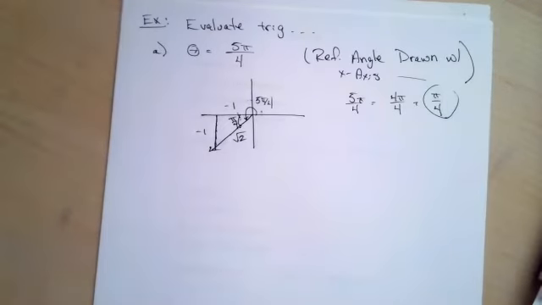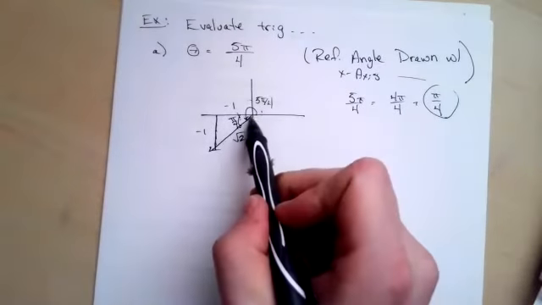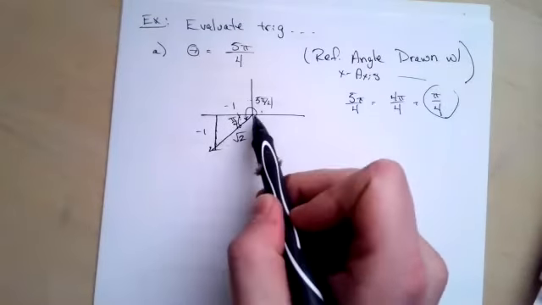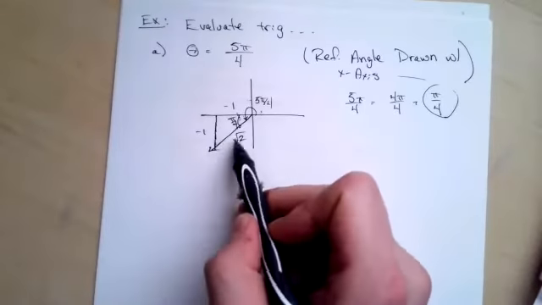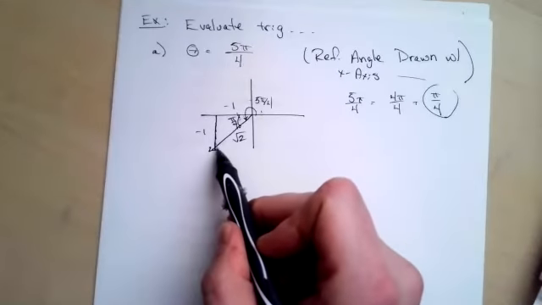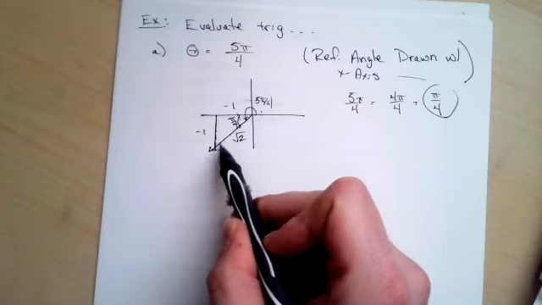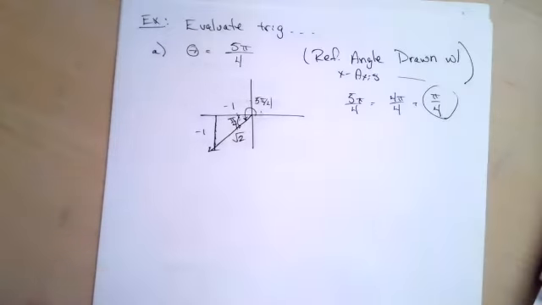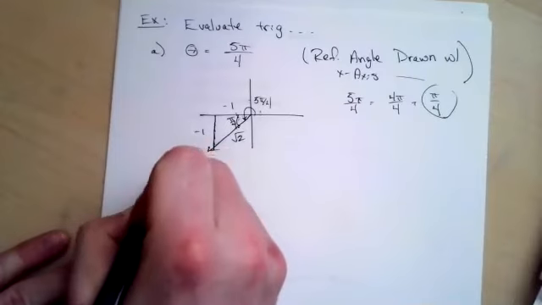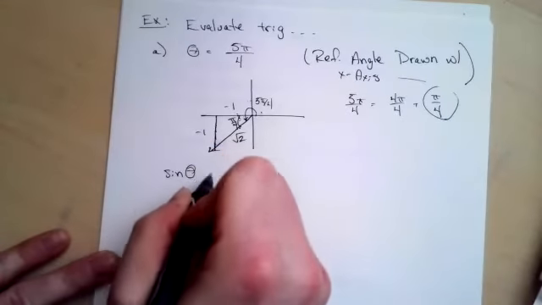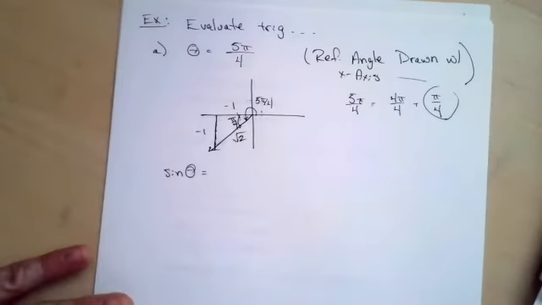And now we can evaluate all the trig functions on this. One thing to note is that the hypotenuse is always positive. This hypotenuse is considered a distance, so it's always going to be positive no matter where we are in space. And so now if we have to evaluate trig on this angle, I'll do a few of them. I'll let you guys solve for the rest of them.